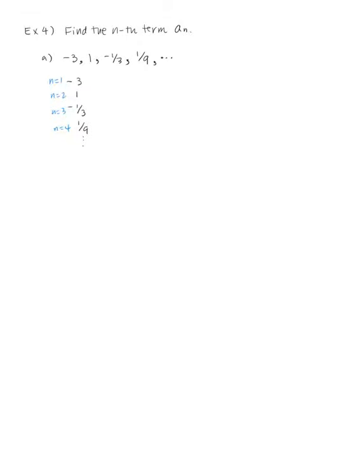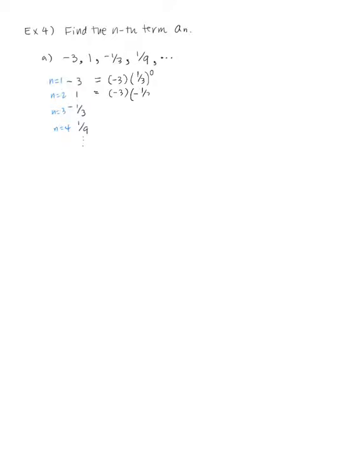So let's try to rewrite this as first term, a sub 1 is going to be -3, and it better involve the multiples of 1/3. So how about 1/3 to the 0th power? So that will give us 1. So 1 times -3 will give us -3 back. Okay, now 1. How can I rewrite this? So we need to have a negative in here because our value is +1.